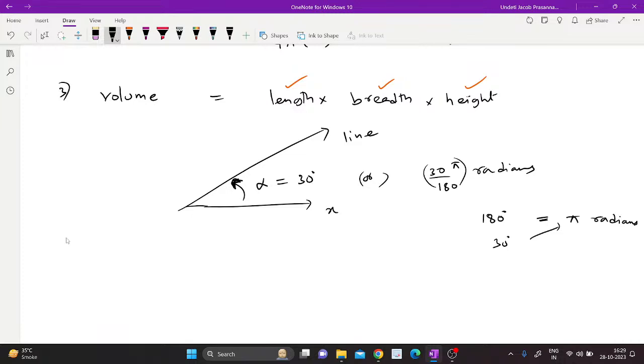This is the radians here. So just remember these units. A plane angle is written either in radians or in degrees.